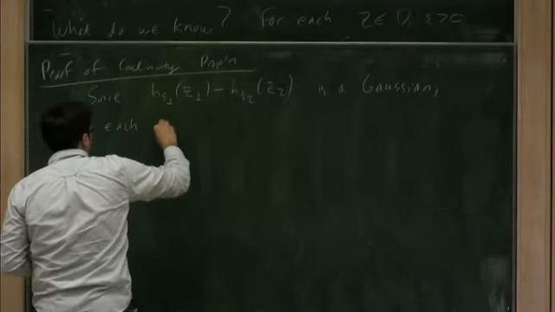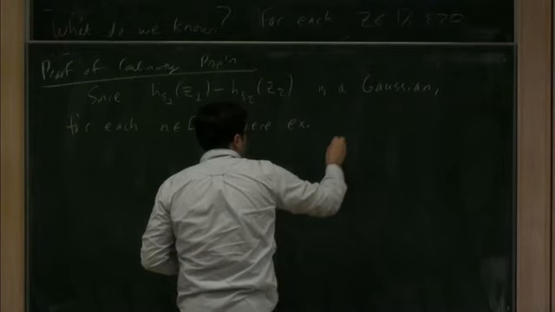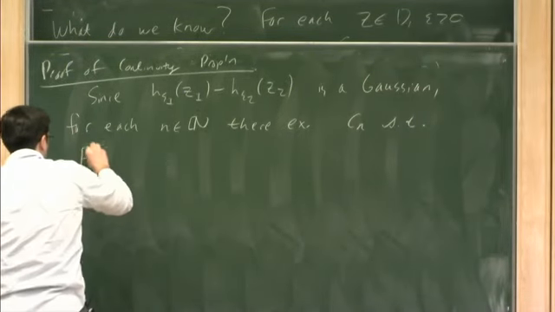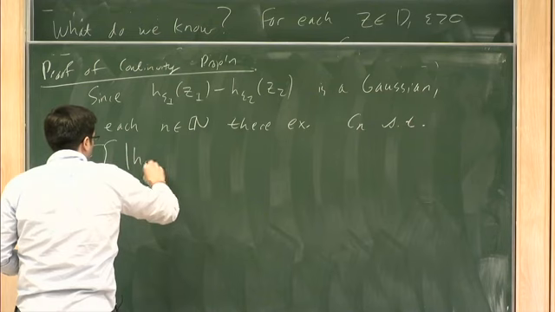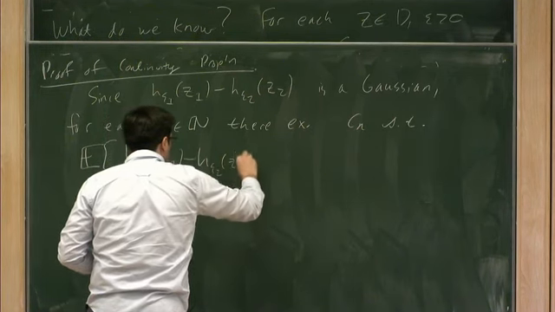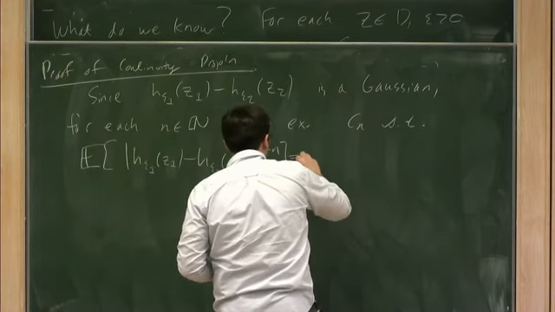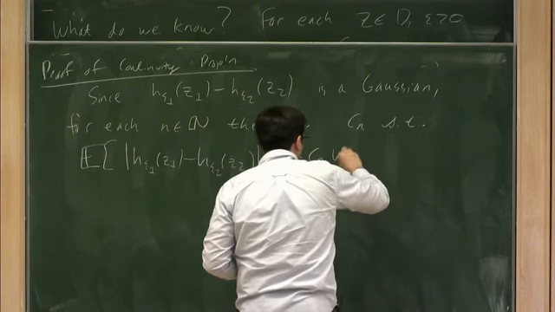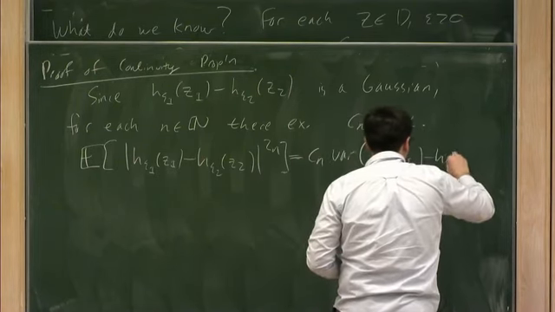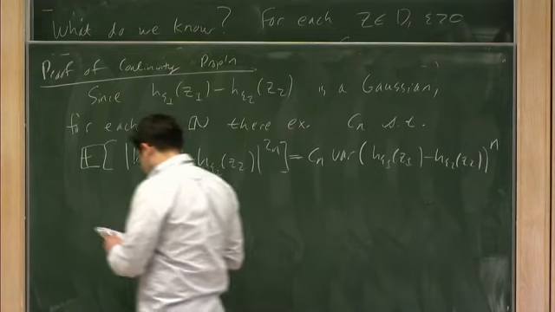For each integer n, there is a constant, say C sub n, such that the 2nth moment of the difference h epsilon 1 of Z1 minus h epsilon 2 of Z2 is equal to C sub n times the variance of the difference of these two circle averages to the nth power.